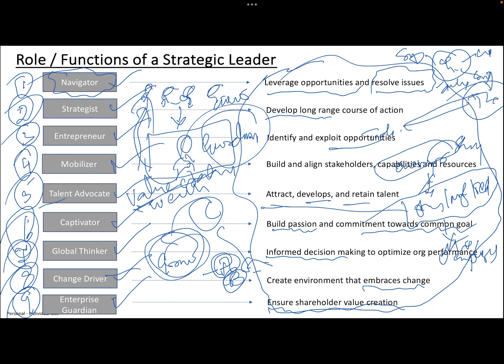In any examination, these wordings are very, very critical. If these are not there, then your answer will be a more general statement. That's why I selected the role name and the core functions under it. Remember the role name as well as these core functions. These wordings should be part of your answer if they ask what are the roles of a strategic leader in an organization. Hope you guys are clear with the roles of a strategic leader.